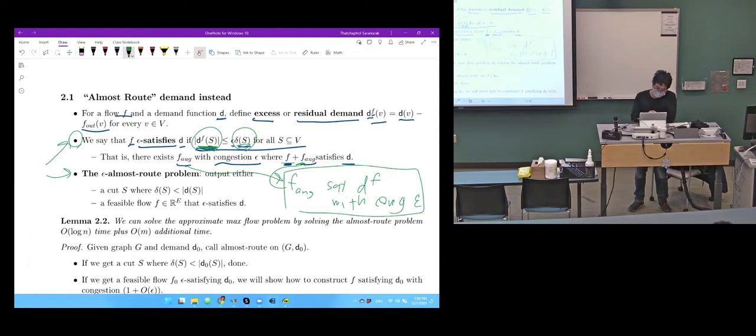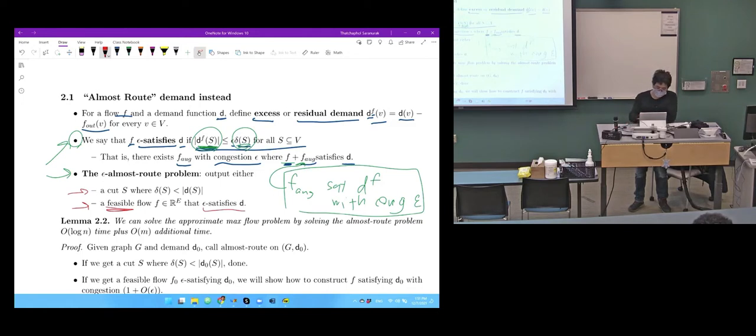So let me tell you this new problem. It's the same problem: you're given a graph and the demand. Now you either find a violating cut, like before, or you find a feasible flow, with no congestion, but it only epsilon-satisfies the demand.